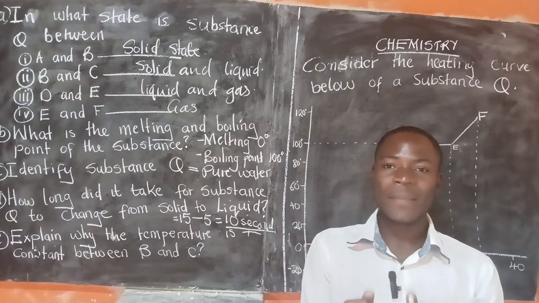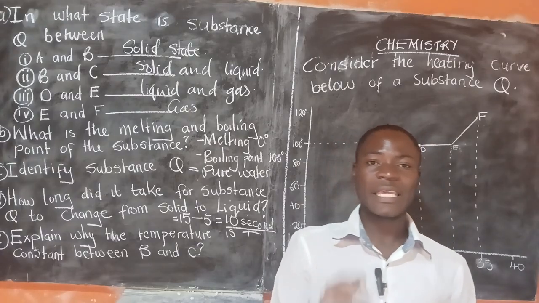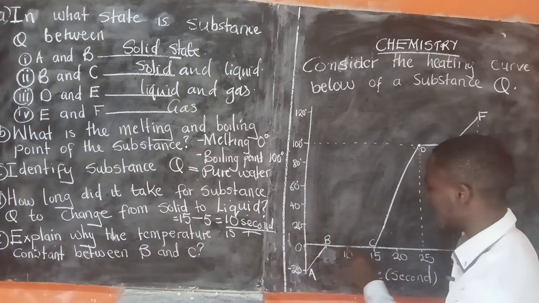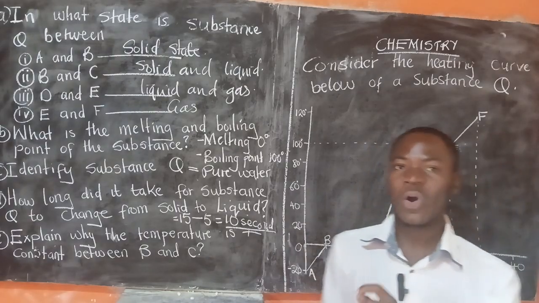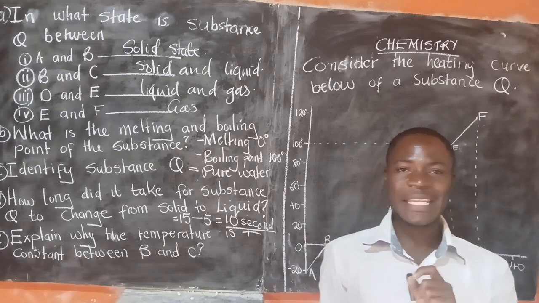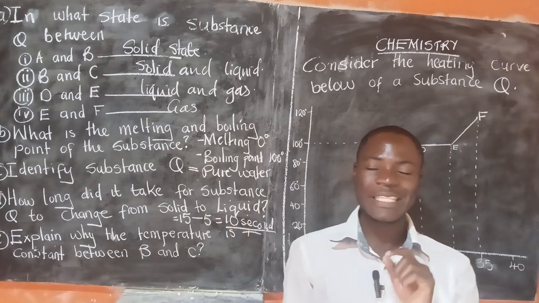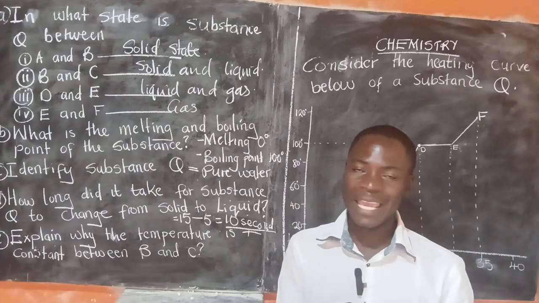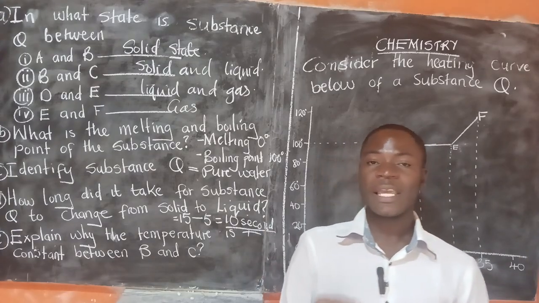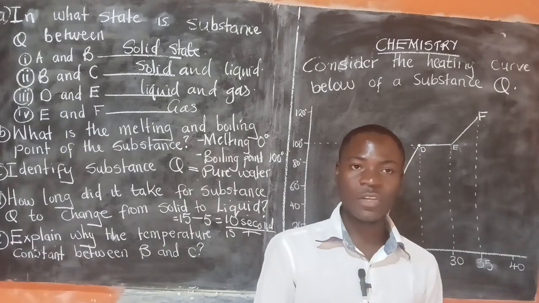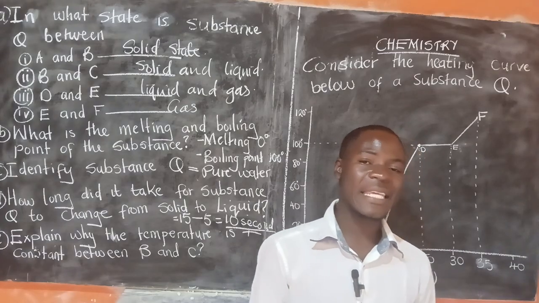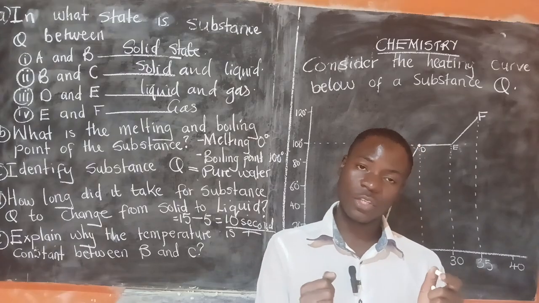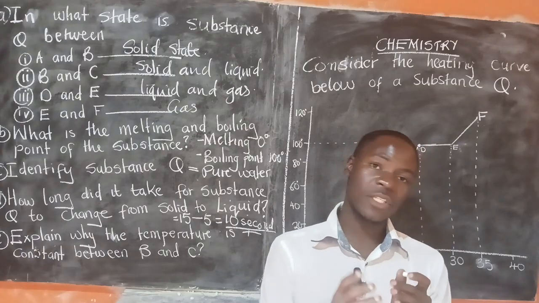So here we must understand that whatever is happening between B and C isn't the heat energy. The heat energy does not increase the tension. Instead, it is the heat of fusion which goes in and breaks the solid particles compacted together.